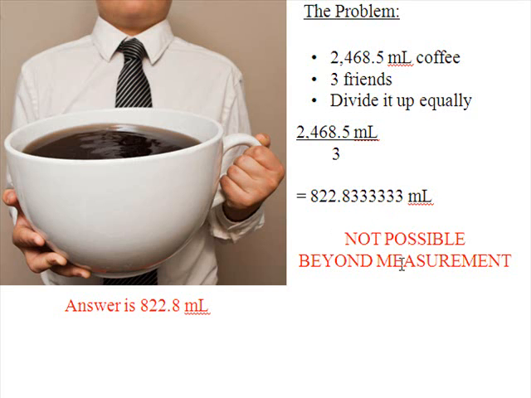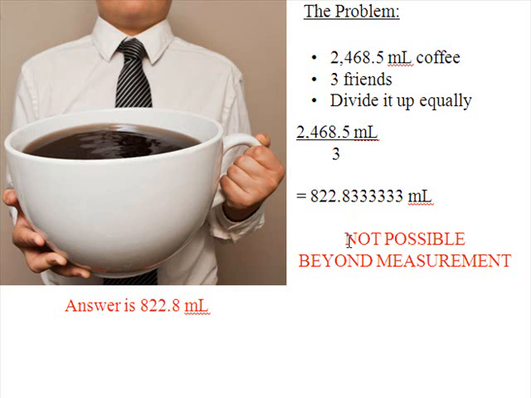You can't do that because the measurement of the volume only went to the tenths place, and your answer goes way out to here. Your answer exceeds what your measurement in fact was. So you're going to have to round off.